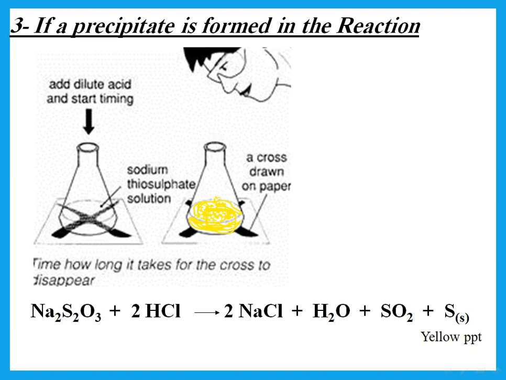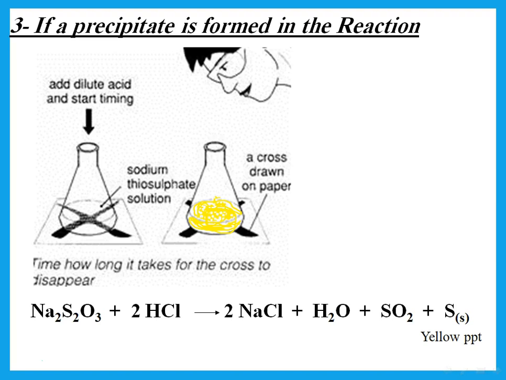Now, if the reaction is not giving out a gas, if it is forming a precipitate, then I have to use another method in which I put an X on a paper, put my flask on the X, and I take the time, I measure the time taken for the X to disappear. So in this case, the reaction is not giving out a gas, it is forming a precipitate. You should realize that if I have sodium thiosulfate, that is Na2S2O3, this is called sodium thiosulfate.